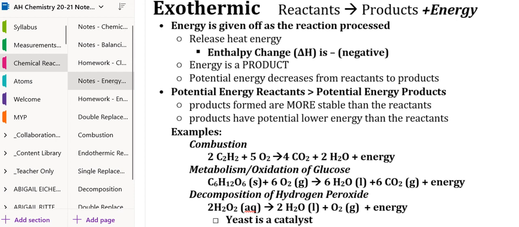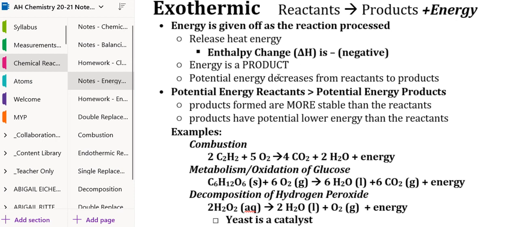Talk about exothermic reactions. So in exothermic reactions, as a reaction takes place, heat energy is what? Given off. So energy would be listed in the products because net, overall, energy is given off. What happens to the potential energy from reactants to products?